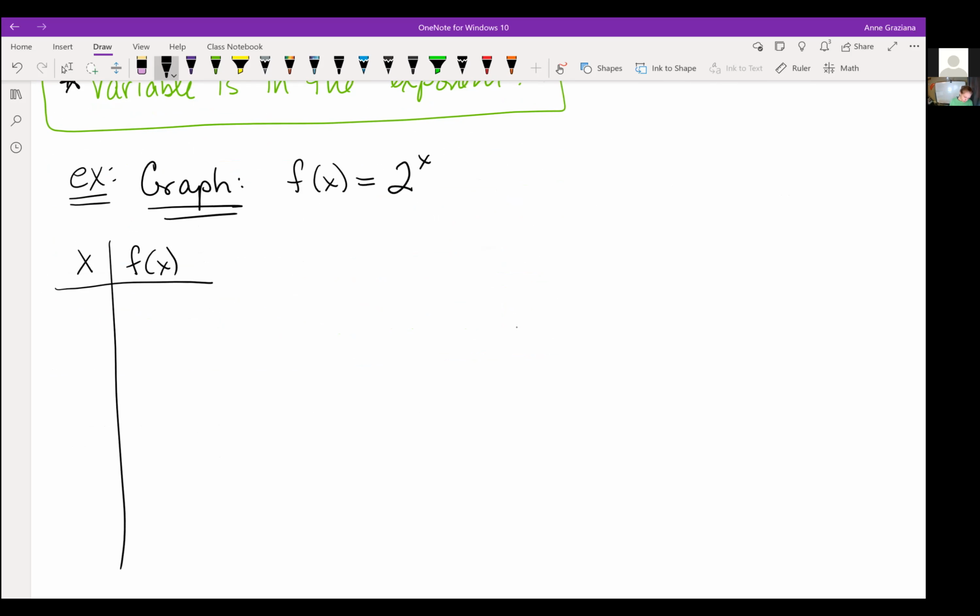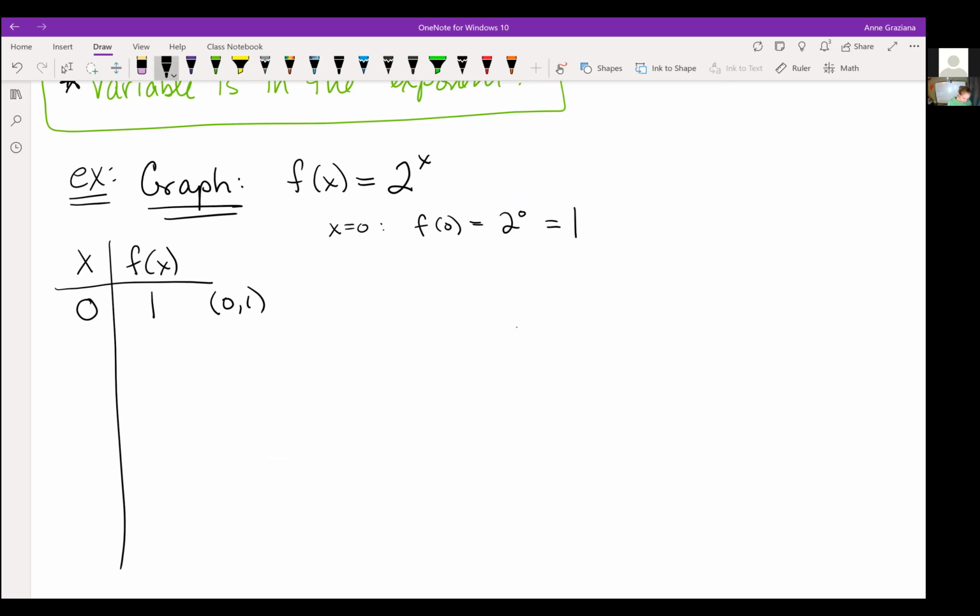But let's just plug in some numbers and see, okay? So I'm going to start with my wonderful 0. f of 0 is 2 to the power of 0, which is 1, right? So this is the point (0, 1).